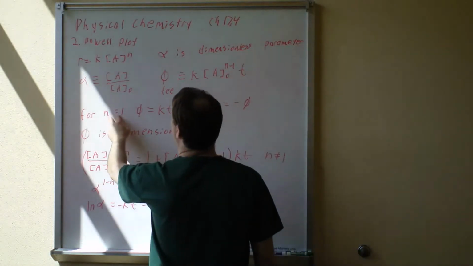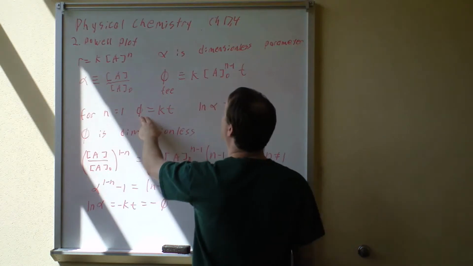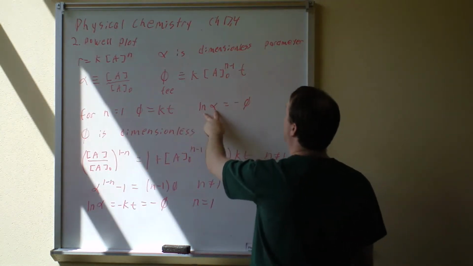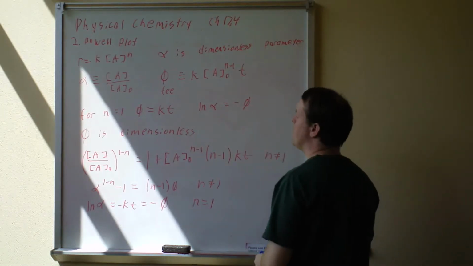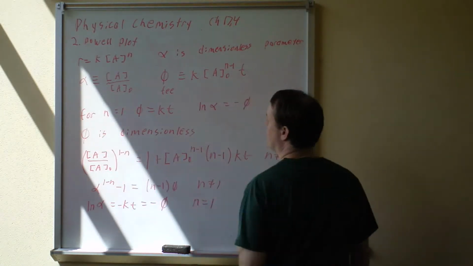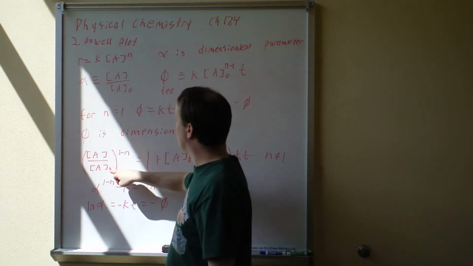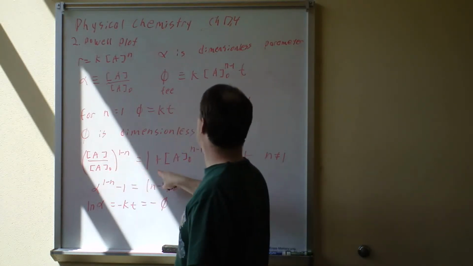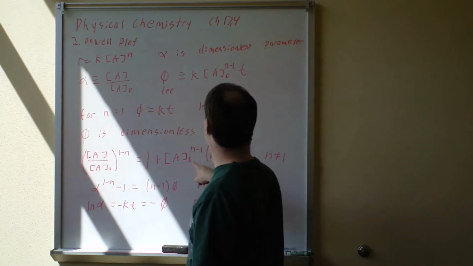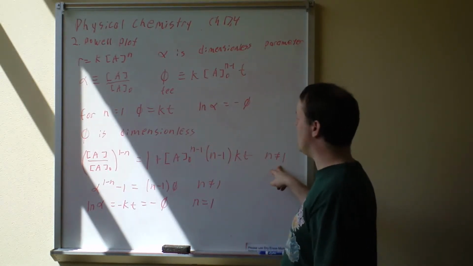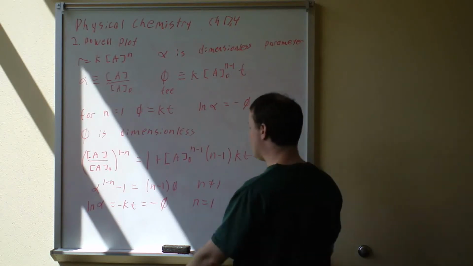Now for n equal to 1, we have phi is equal to KT, and the natural log of alpha is equal to minus phi. Phi is also dimensionless here. Now we have this ratio, A over A naught to the 1 minus n, is equal to 1 plus A naught to the n minus 1 times n minus 1 times KT. And this is for n not equal to 1.